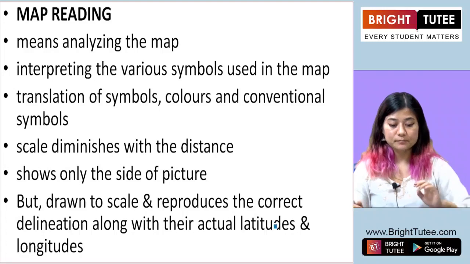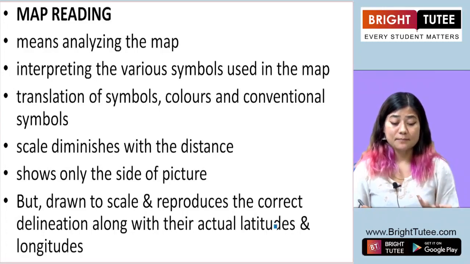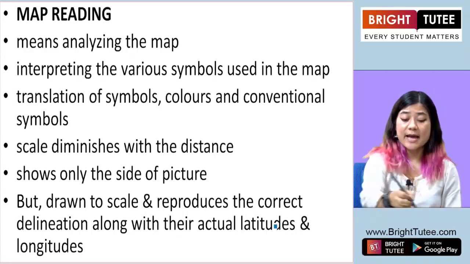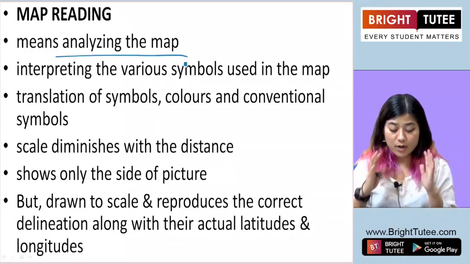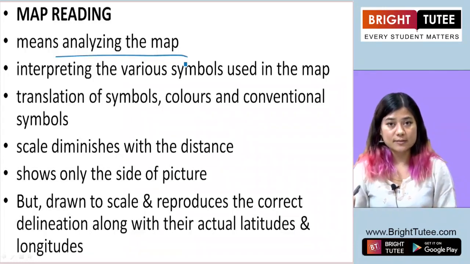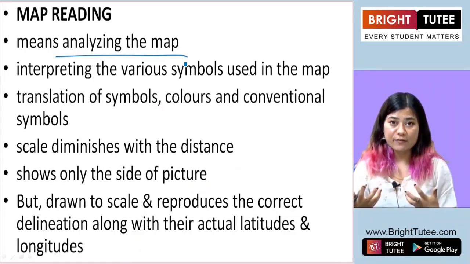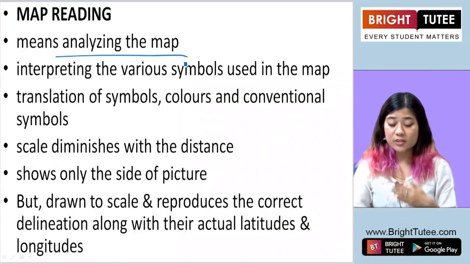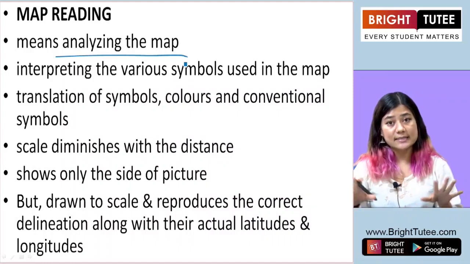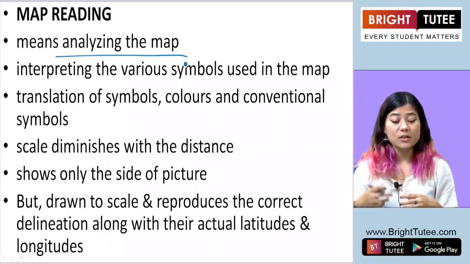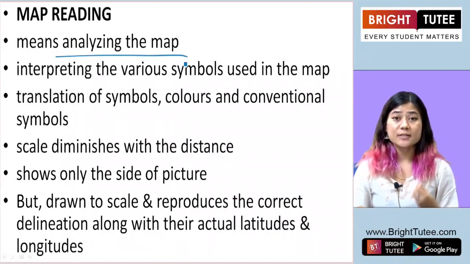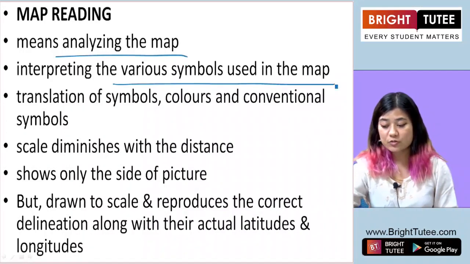Alright. Now let us look at map reading. Now what is map reading? Basically it means analyzing the map, trying to understand the map, what is drawn, how it is drawn, what it signifies, what it indicates, what direction it shows. All that analysis of the map is called map reading. So by map reading, we interpret various symbols used in the map.